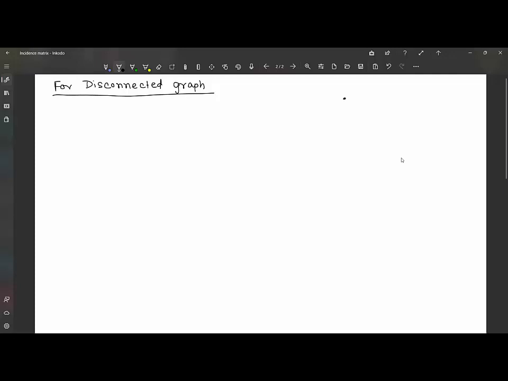Suppose this is a graph, where we take this as v1, this as v2, this as v3, this as v4, this as v5, and this as v6. Then you can see that starting from any one vertex you can reach every other vertex by using some walk. That means there exists at least one walk by which you can go from one vertex to any other vertex.